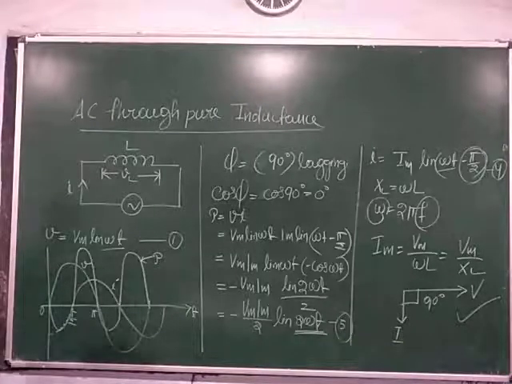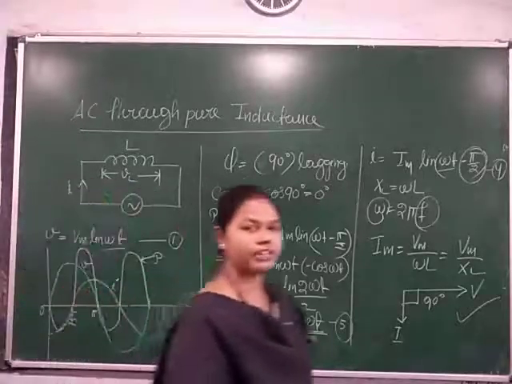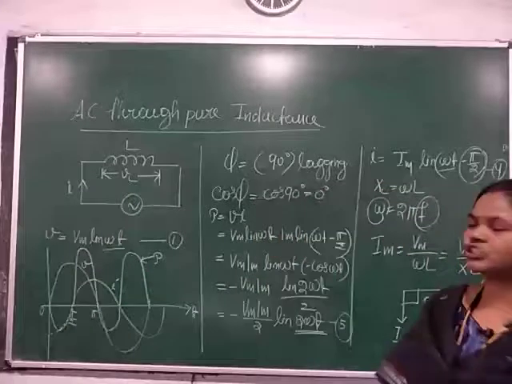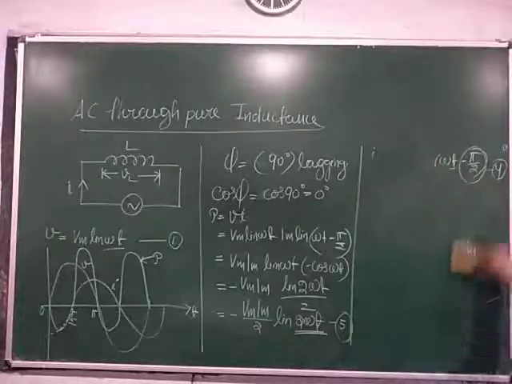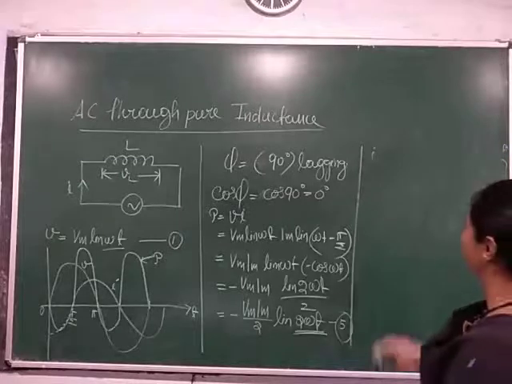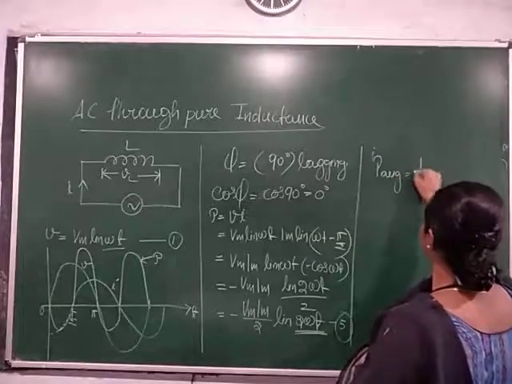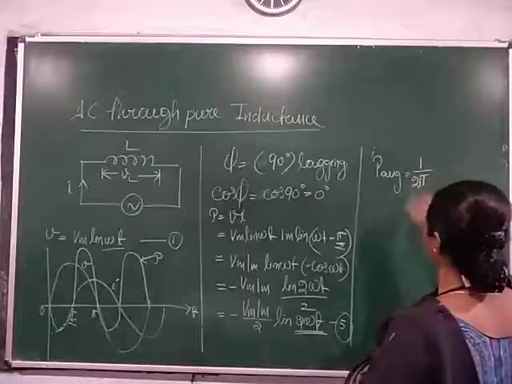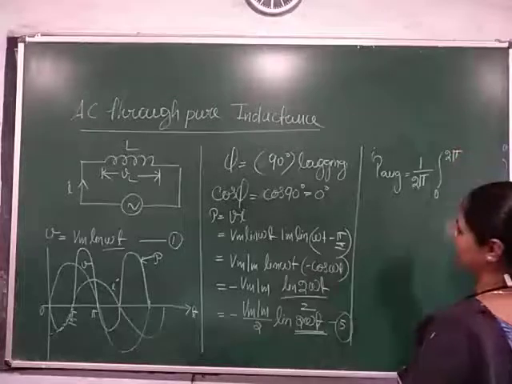Then we go for the calculation of average power. How much average power is consumed by the inductor? Average power is during the period of 0 to 2 pi.